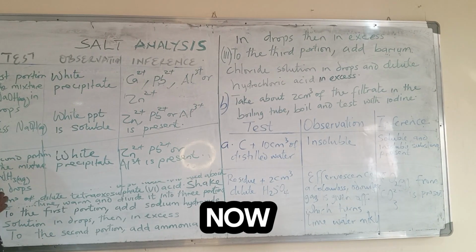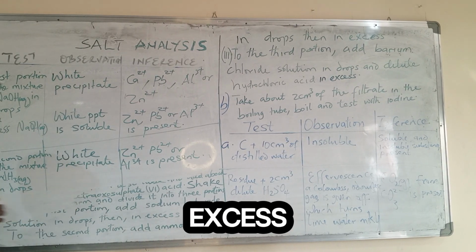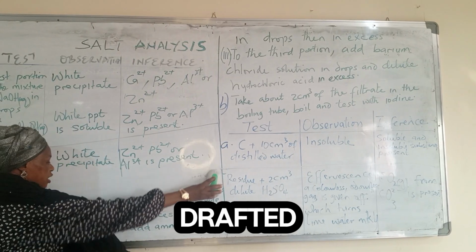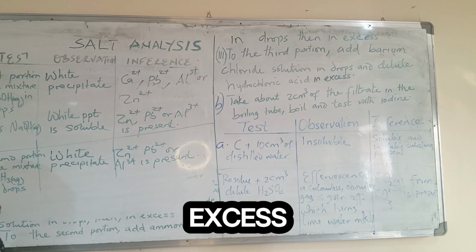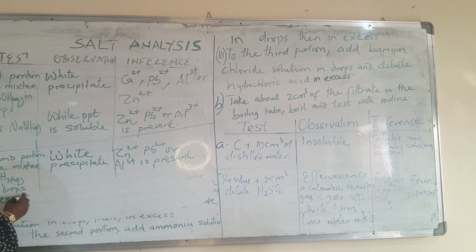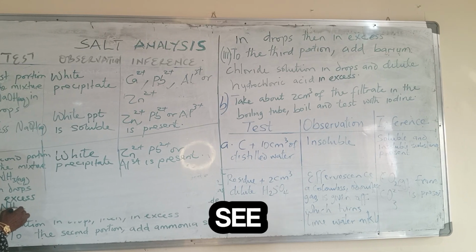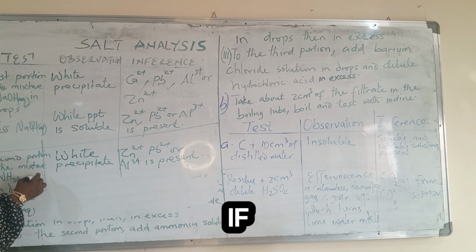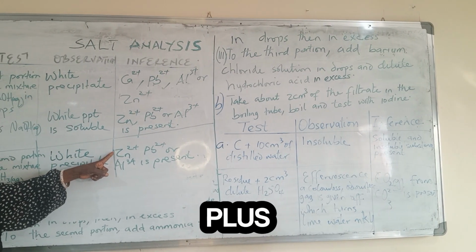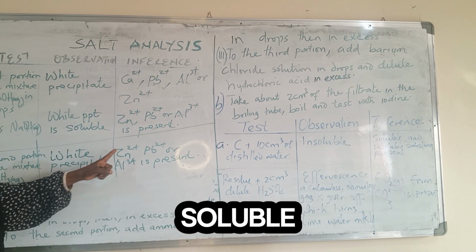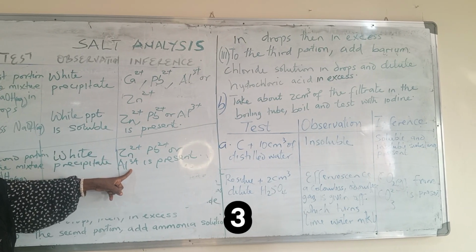At this junction, you have to add excess solution, as the question says. So you now say plus excess aqueous ammonia. If the precipitate is soluble, it is zinc. If it is not soluble, we have Pb2+ or Al3+.